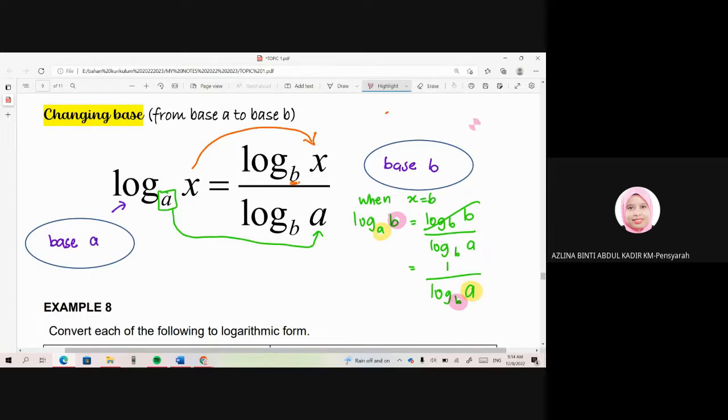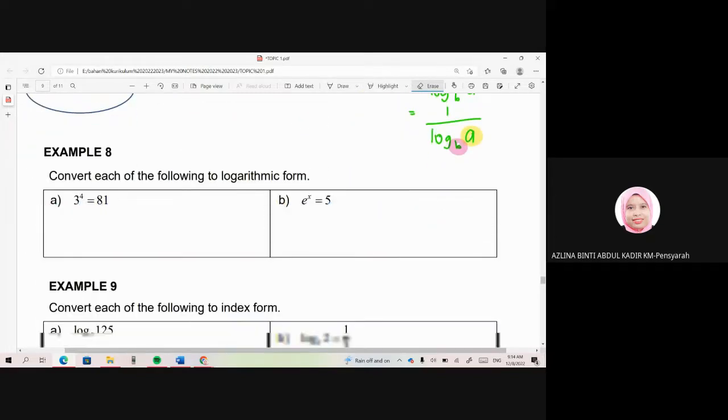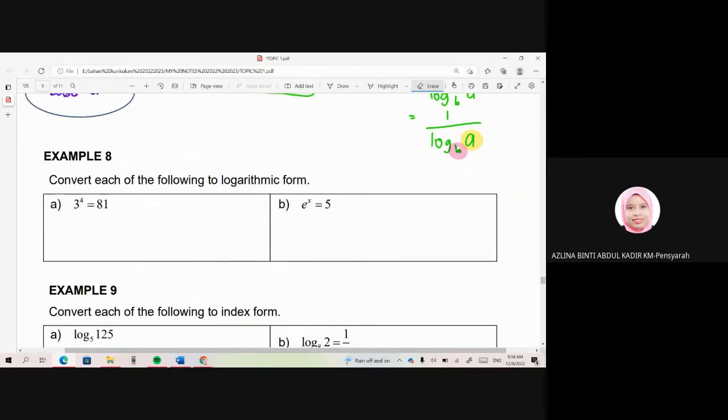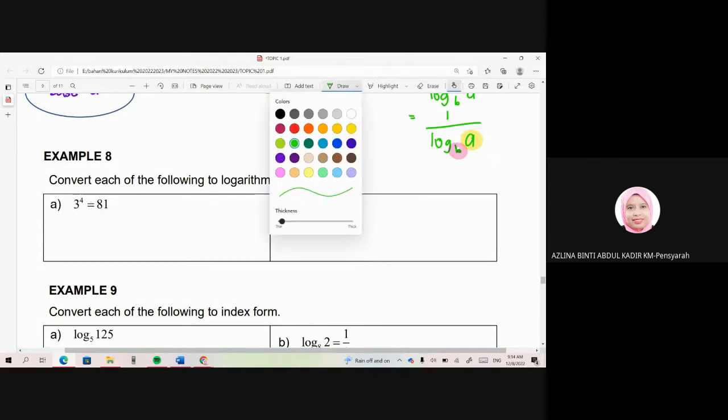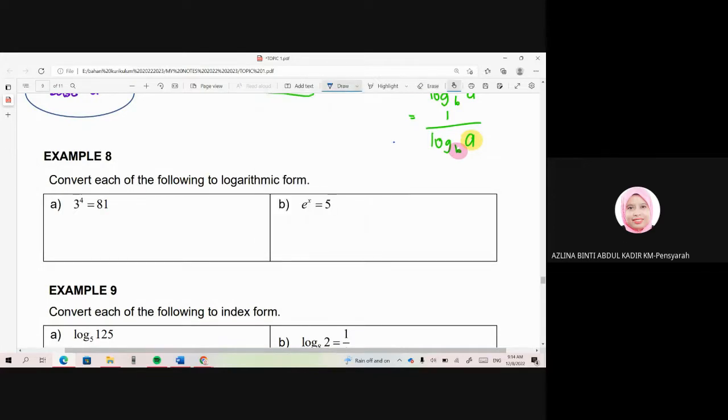Look at example 8. Convert each of the following to logarithmic function. 3 to the power of 4 is equals to 81. First you check the base. Base 3, so log base 3.